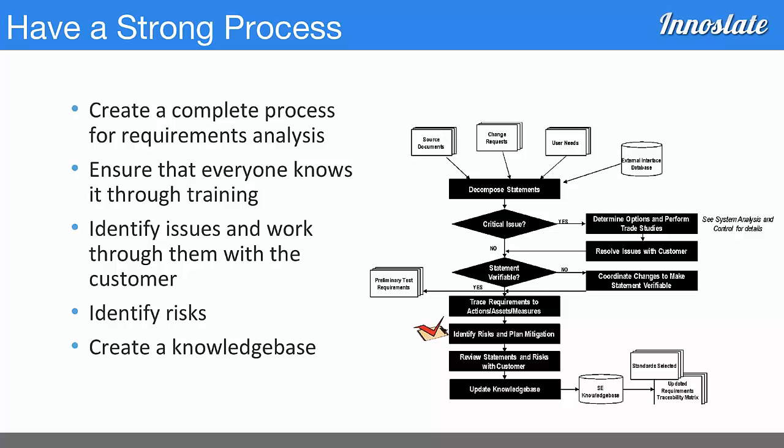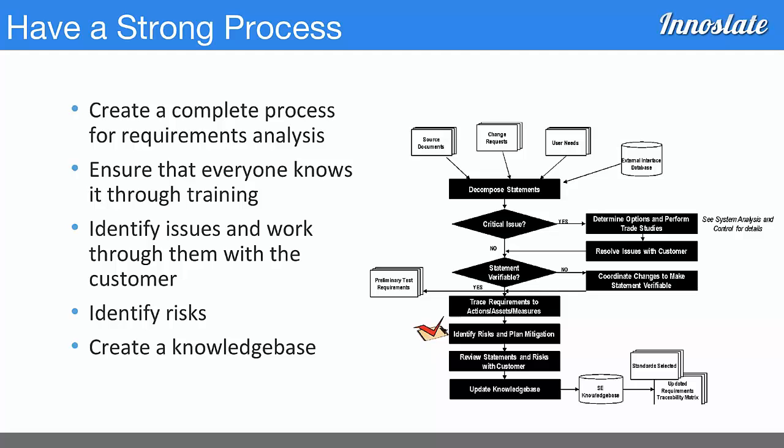But the idea is to have a complete process, make sure everyone knows it through training, and make sure you identify the issues and work through them with the customer. That's why that's a critical, important step within my process. Is it a critical issue? Are there options, trade studies, and then resolving the issues with the customer and making sure they're on board and in agreement so that you can move forward together.